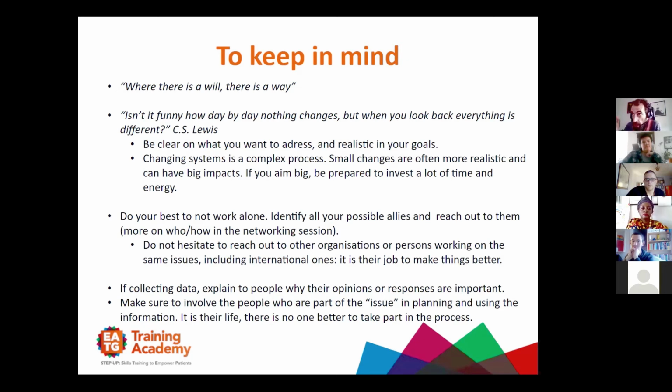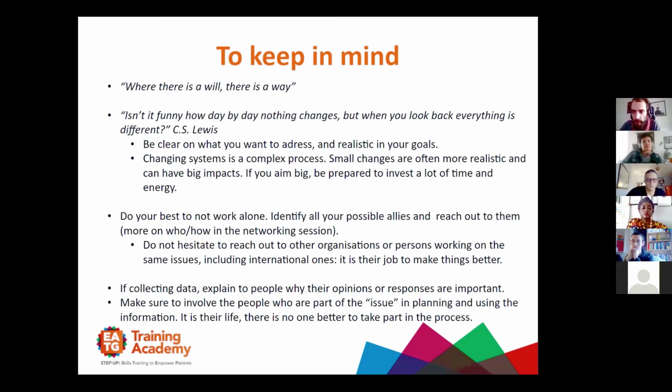So be clear and realistic on your goals. If it's a very big thing that you're trying, try to have more concrete, smaller goals, because they will also give you a few small victories, which are important to fight frustration. But also be wary of small things that you manage to do. If you can convince someone that was against you that your opinion is actually valid, that's a very big win, because that can have a ripple effect throughout time that you cannot foresee.